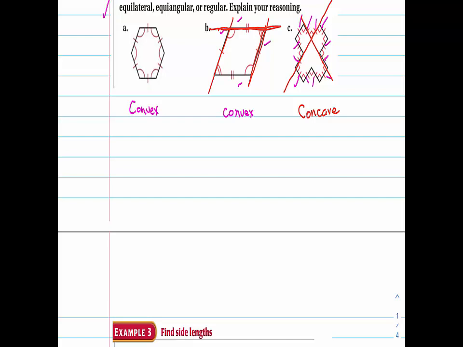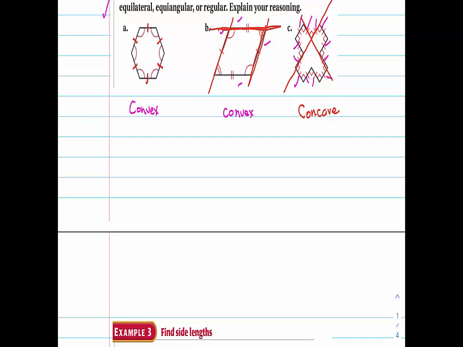Now notice this polygon right here has got a little line through each side. What that line tells us, and we haven't talked about this before, is that these sides are the same length. Okay?